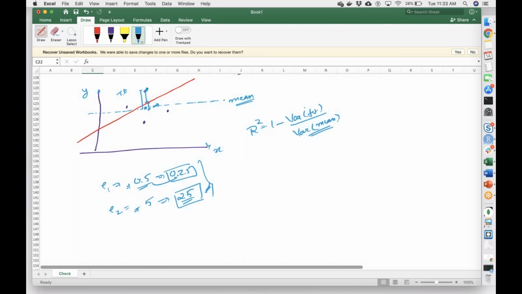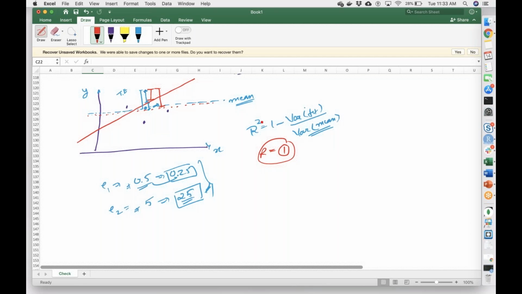So the moment you have your fit value, let's say at some time your curve also becomes something like this, this red dotted line, which is basically overlaying on top of this blue line, then this distance, which you're able to explain, becomes equal to this whole thing, and your r square will go to 1. That means you will be able to predict each and everything of your data, which normally is not true, and we don't want to do that also. That is a very, very important thing.